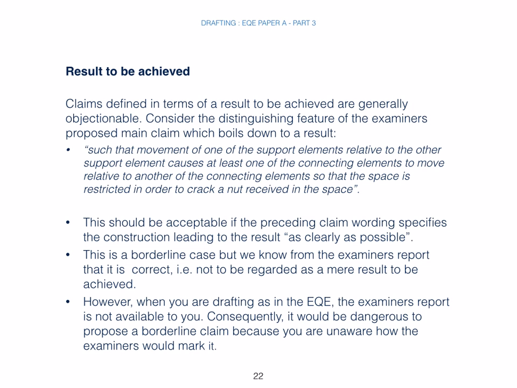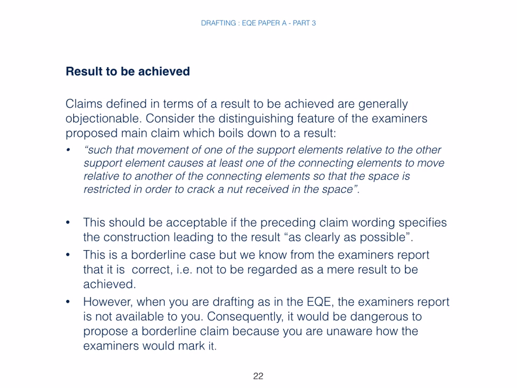And the guidelines, if you read between the lines, say that claiming a result will be acceptable if the wording preceding the construction of the result is framed as clearly as possible. So we can assume that the examiners have framed the preceding wording as clearly as possible, and their claim is not going to be criticized as claiming a result.